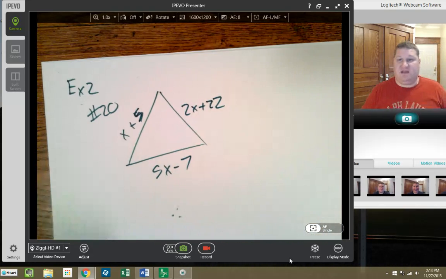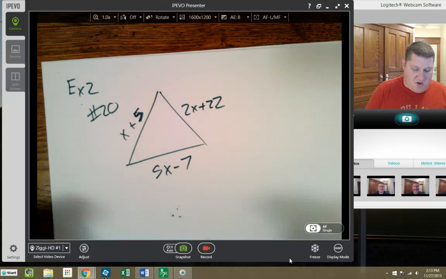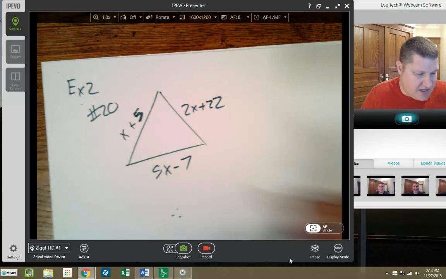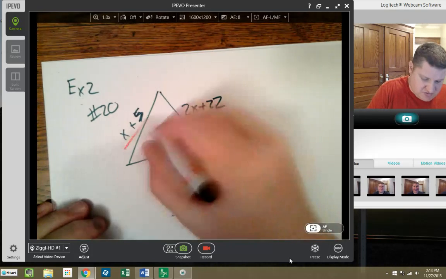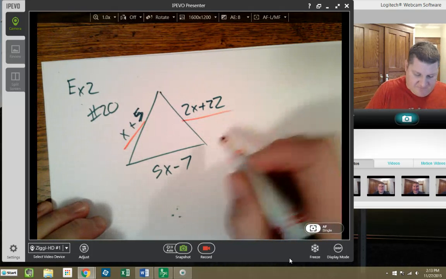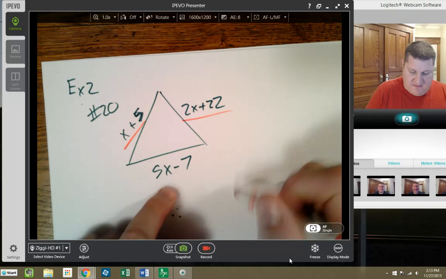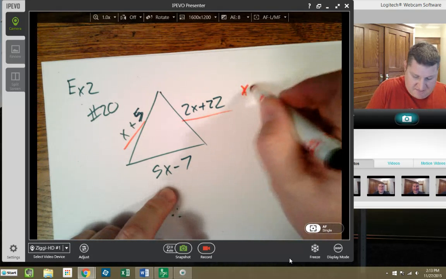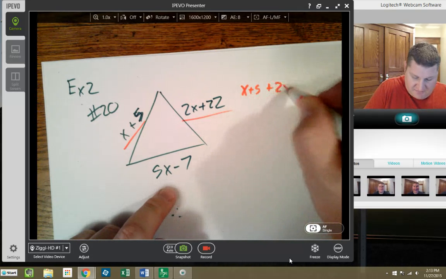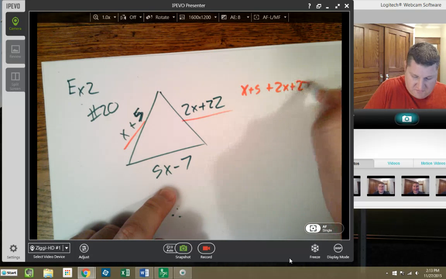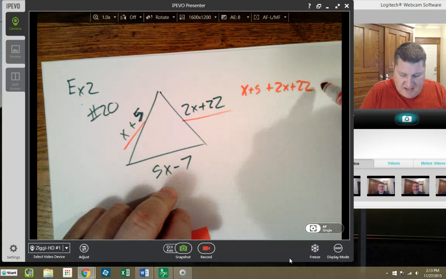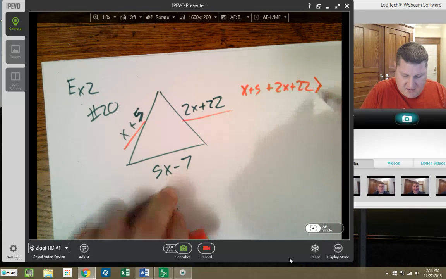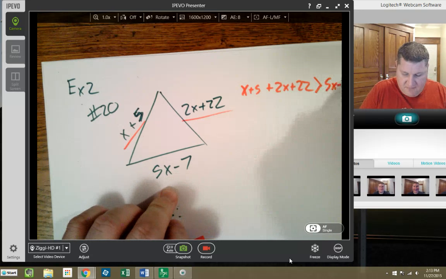If I want to find x, well, I know that any two sides, so this one and this one, have to add up to be greater than this. So if I say x plus 5 plus 2x plus 22, that's going to have to be greater than 5x minus 7.